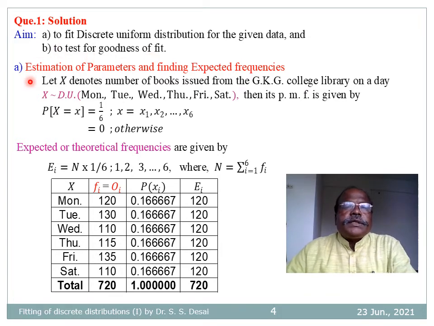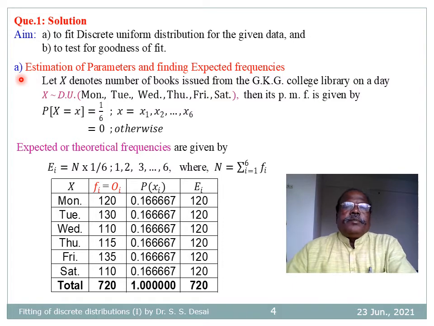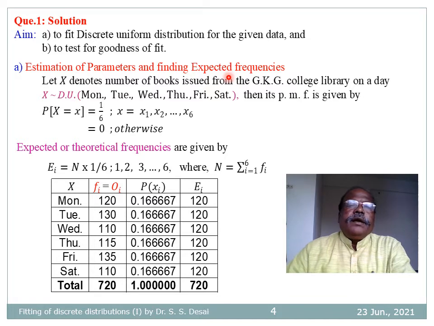Now there are two parts in fitting problems. The first part is estimation of parameters and finding expected frequencies, and the second part is to test the goodness of fit. So here let X denote the number of books issued from the GKG College Library on a day.